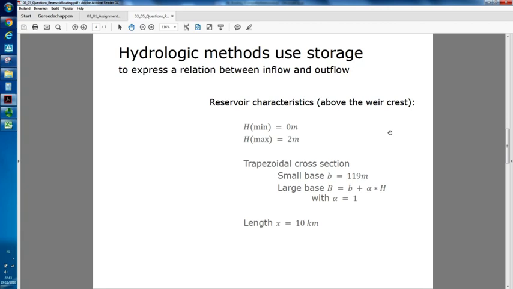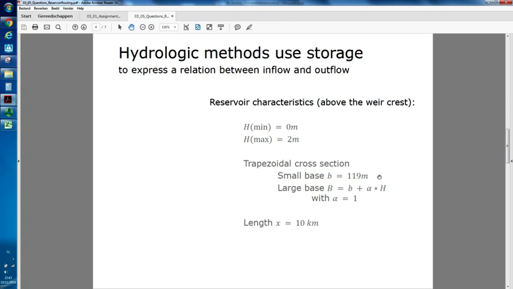We also know that our reservoir has a trapezoidal cross-section. At the small base, the part where the water level is 0 meters above the weir crest, our reservoir has a width of 119 meters.